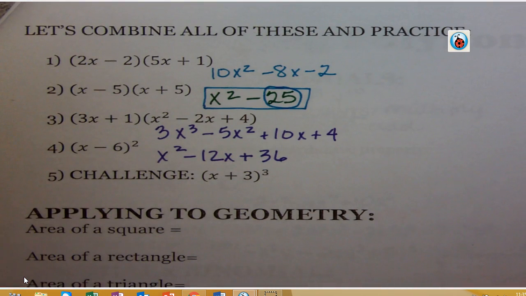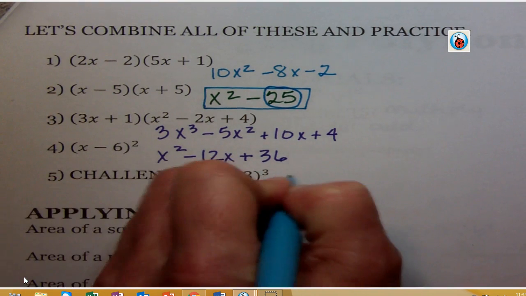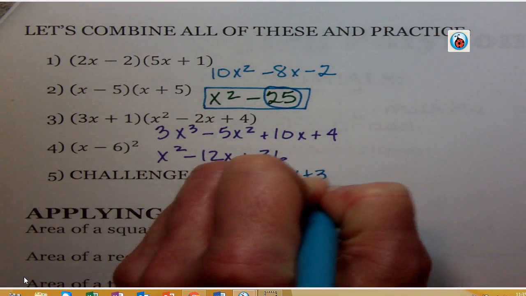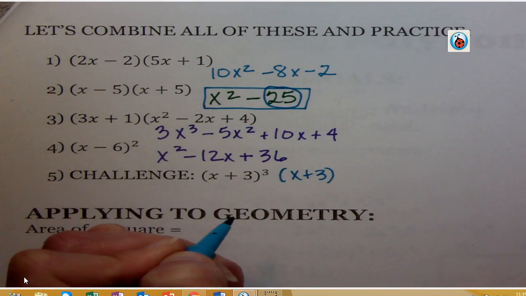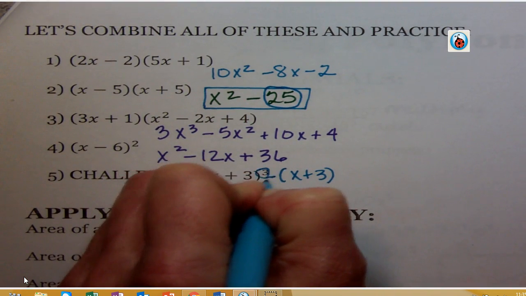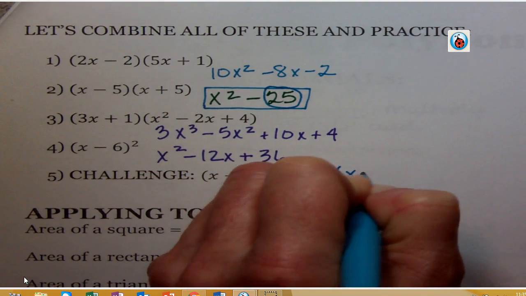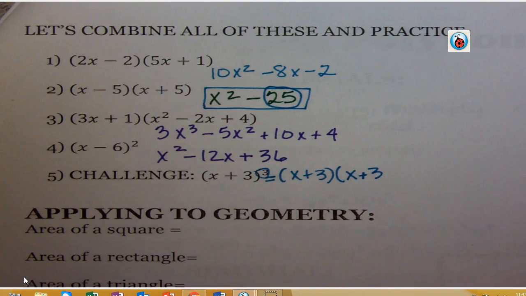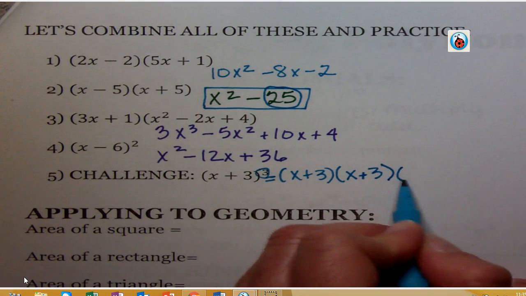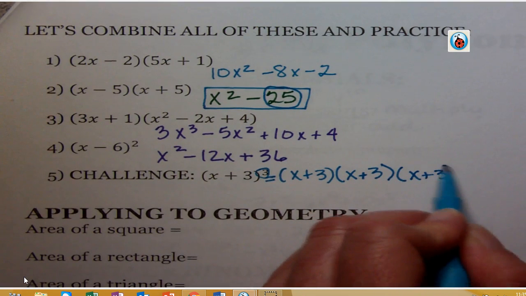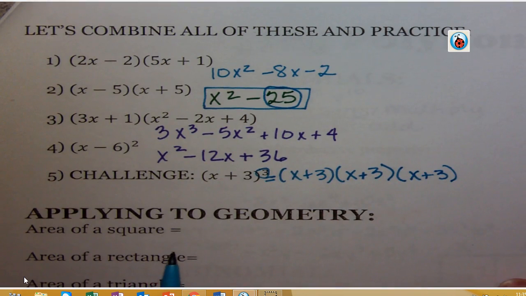All right, now what about this challenge question? We've got x plus 3 cubed. So that's going to be x plus 3 times x plus 3 times x plus 3, 3 times. But we don't have a box that will work with that combination.